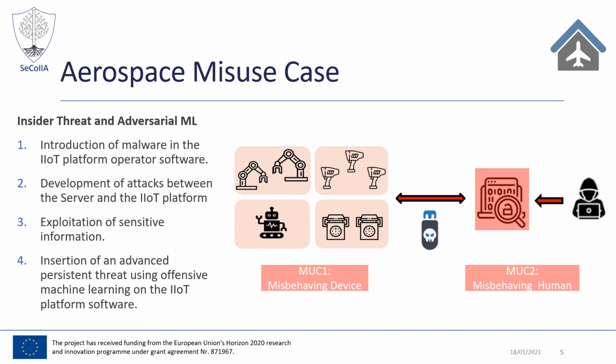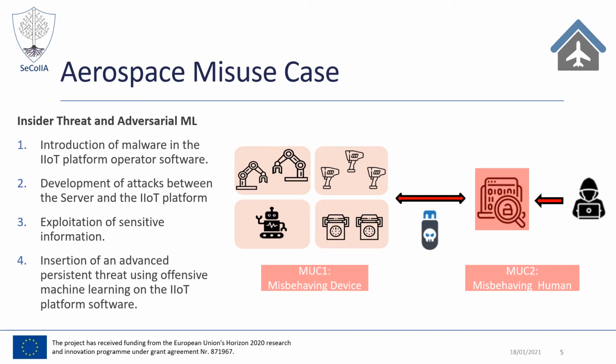Then the development of attacks between the server and the IoT platform. So now that the malware is over there, the attacker has access and starts creating the link between his control center and the use case.